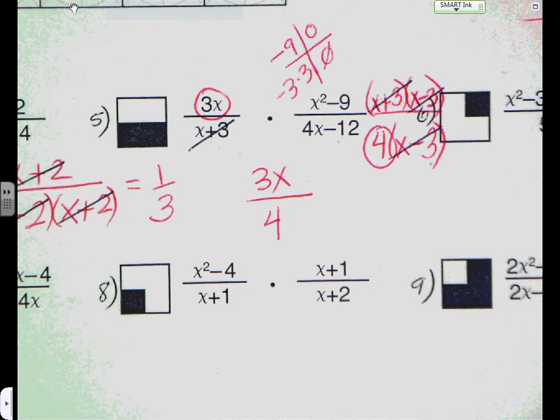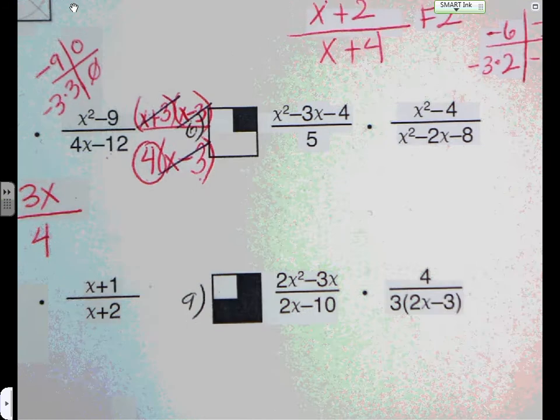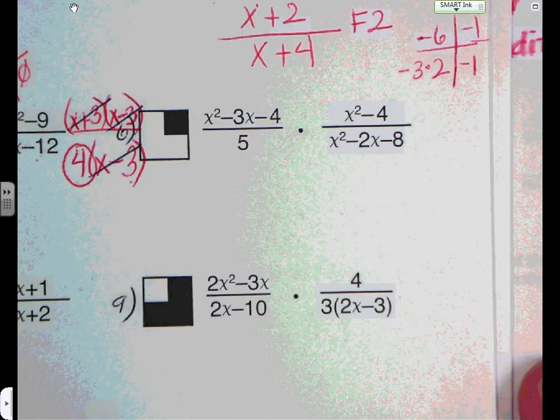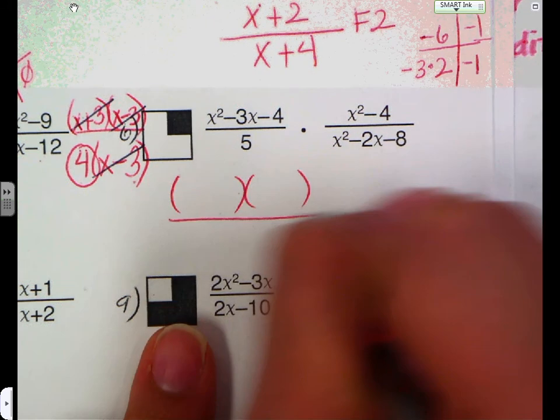Okay, so let's move on to number 6. This one you're actually going to be able to factor out 3 times, okay? So let's look at the numerator for number 6. How can I rewrite this as a product of 2 factors?